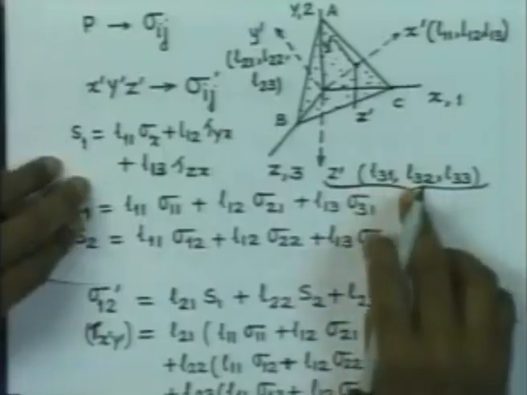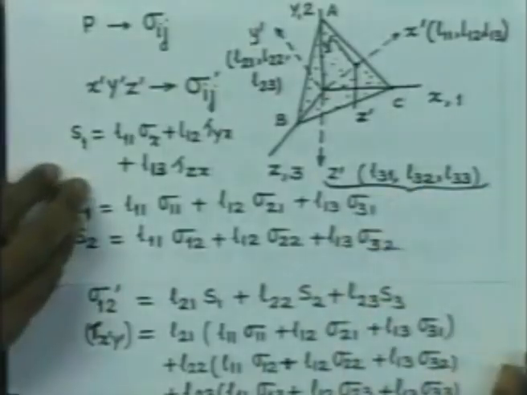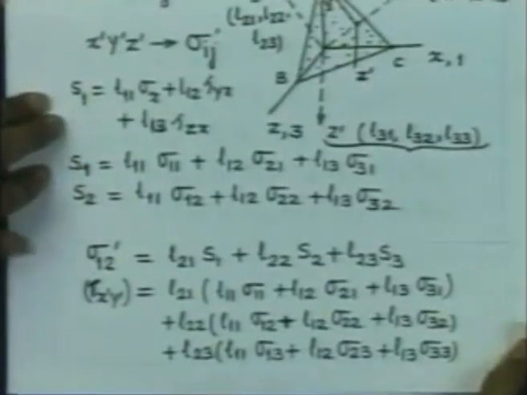Now, all these can be written very conveniently by making use of the tensor notation, and finally all these components can be written in this form. It is nothing but sigma mn.